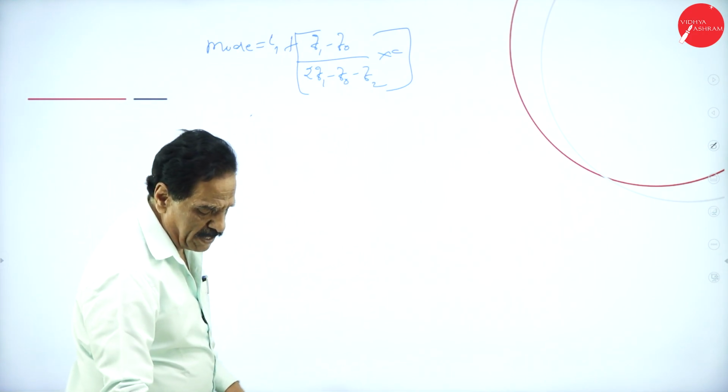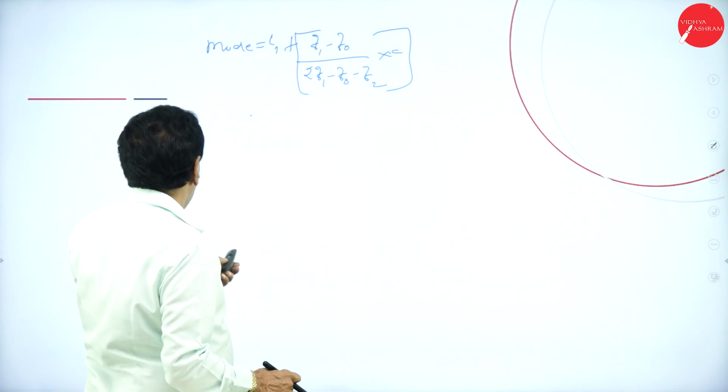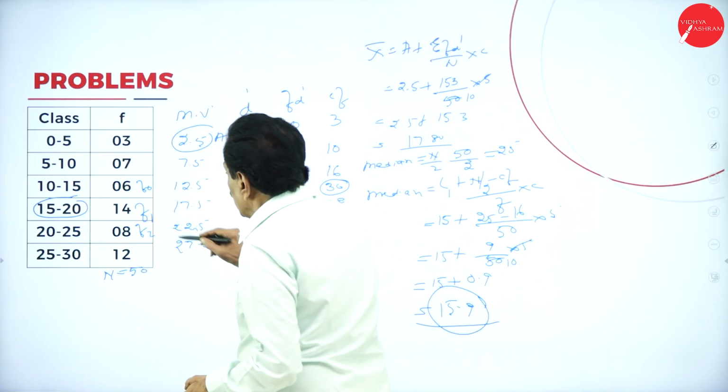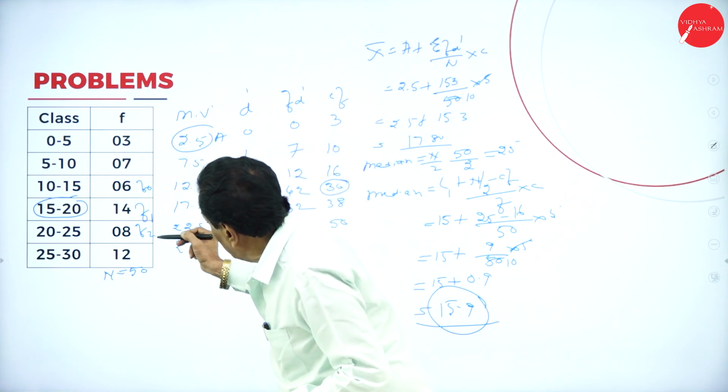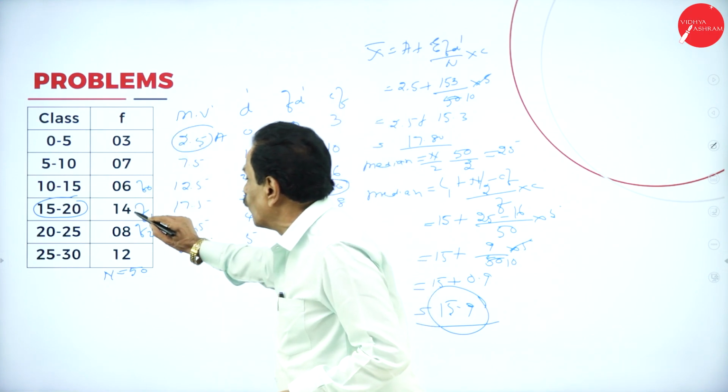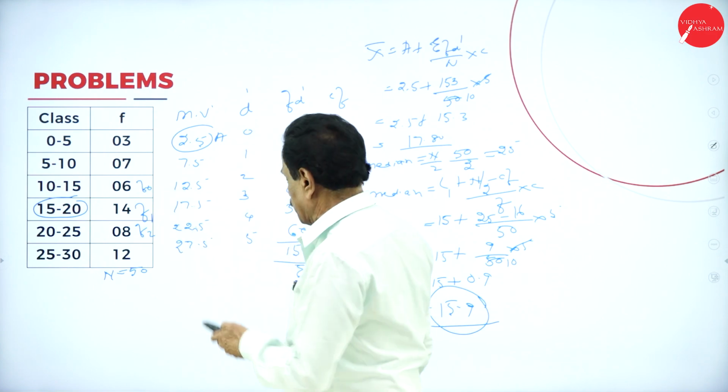If you go back, you can understand your highest frequency is 14, 6 is F0, 8 is F2. So 14, 6, 8, remember.